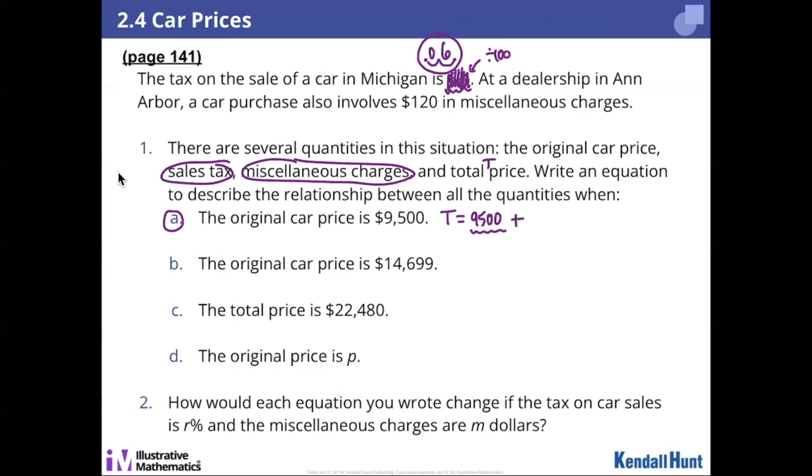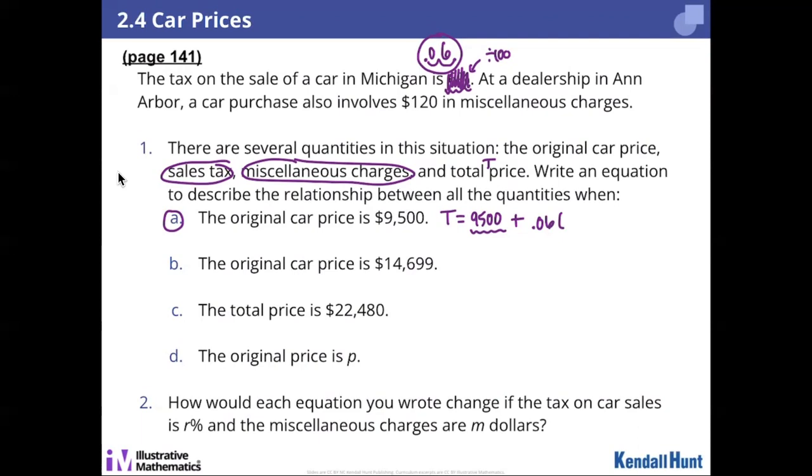In this place in Michigan, because there's a 6% tax on car sales, we have to calculate the tax for this car. And the nice part is that to calculate the tax of something, we take whatever the sales tax is and we multiply it by whatever the thing is that you're buying.